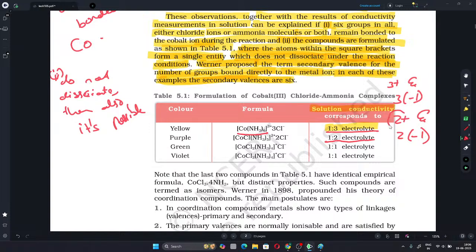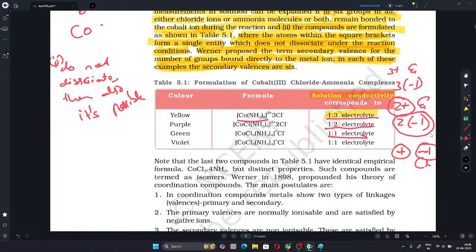Only one 2 plus cation will be there, but two 1 minus anions. But in this case it is 1:1, because one 1 plus cation and one 1 minus anion. The cation will be the complex, whereas the anion will be the one chloride ion liberated or precipitated.